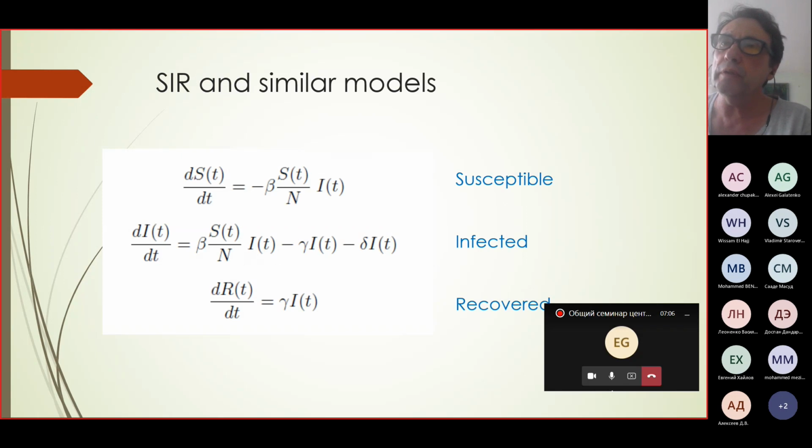So, of course, everybody knows now this SIR model. It's susceptible, infected, recovered, introduced about 100 years ago.